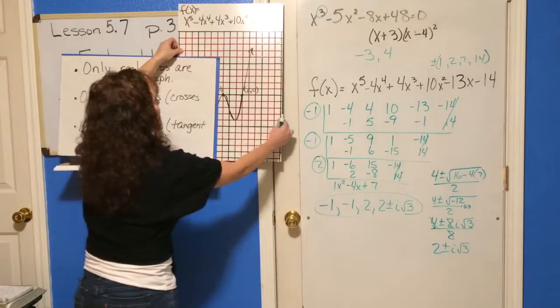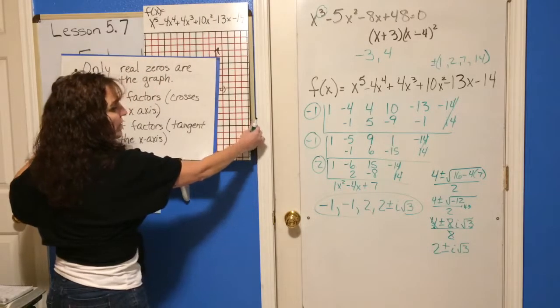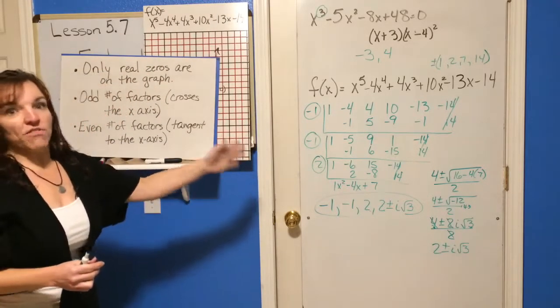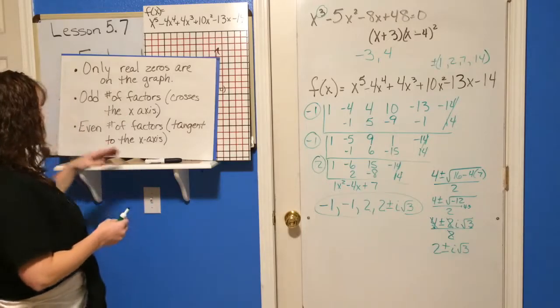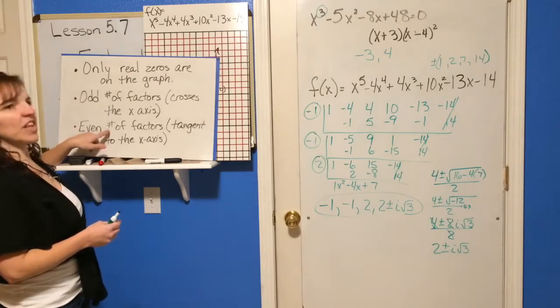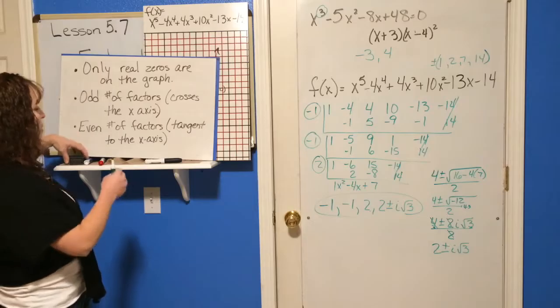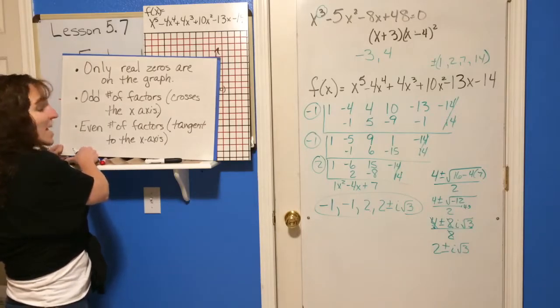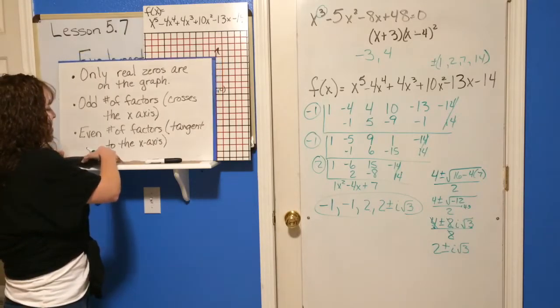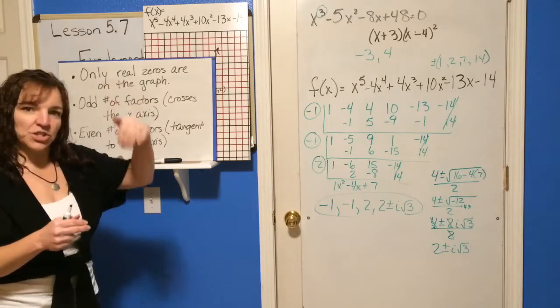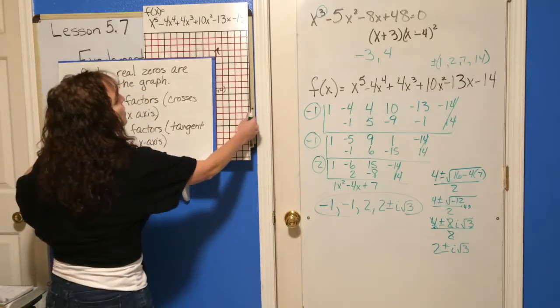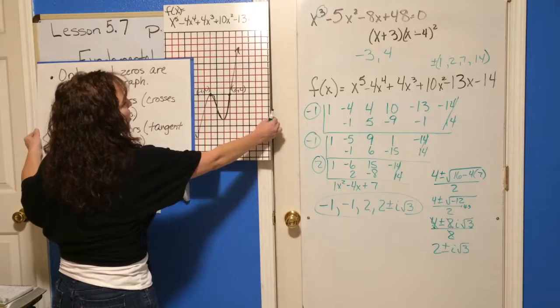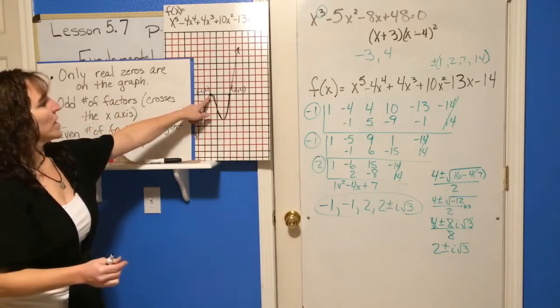Okay? So if there's an odd number, so if you were to end up with 3 factors of the 2, it's still going to cross. But if it has an even number of the same factor, then it's tangent to the x-axis. And tangent means that it comes right up next to it and touches it and then turns away. So you can see here that at the -1 point, it's tangent.